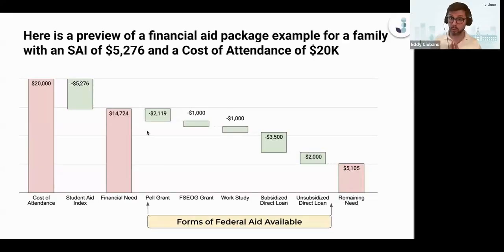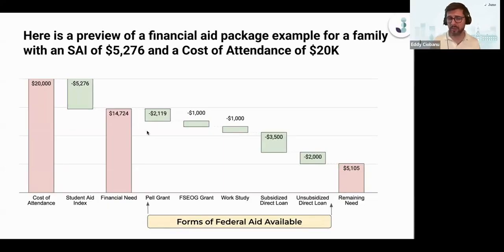Now, what's important to be really mindful of is how a school meets that need, right? Because how much in loans will they include? Every university will include the $5,500 direct loans, both subsidized and unsubsidized for students. So that amount is usually baked in. Now, the amount can vary from Pell Grant, FSEOG grant. A student may or may not qualify for those.